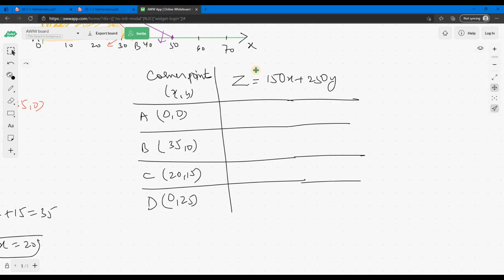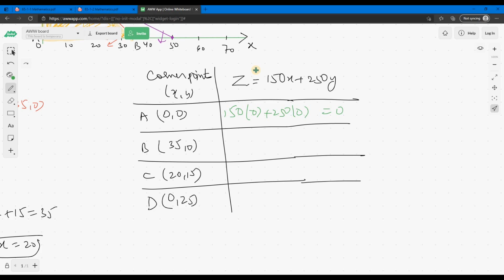Now we evaluate this expression for each corner point. For the first one, x is 0, y is 0, so it's 0 only, but we did it because this is one of the corner points.